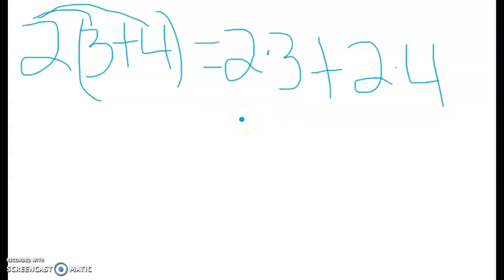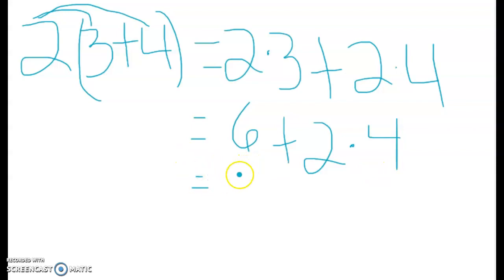Then we start with our 2 times 3, which is 6. Bring down our addition sign, and then we have 2 times 4. This is where we use our order of operations. We will start with our 2 times 4.